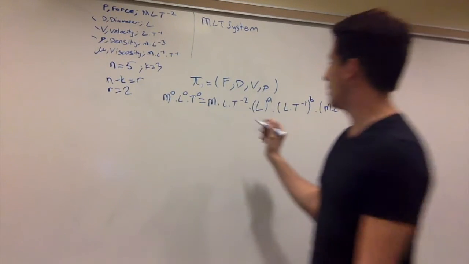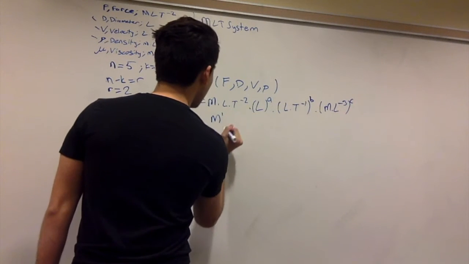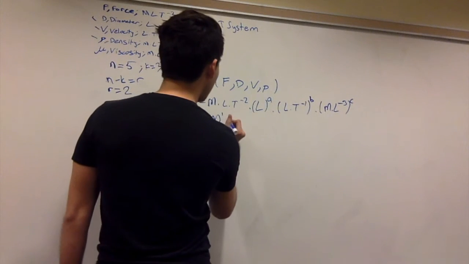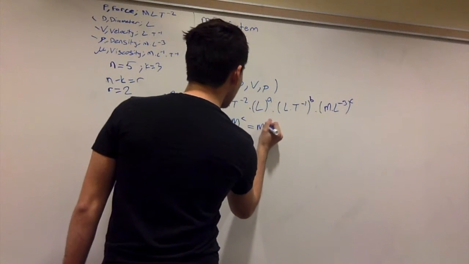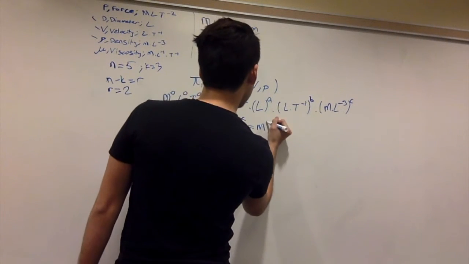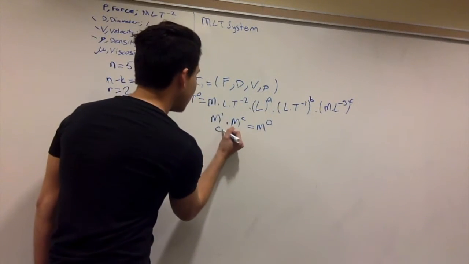If we assume M to the power of 1 times M to the power of c equals M to the power of 0, what should c be? C has to be -1.